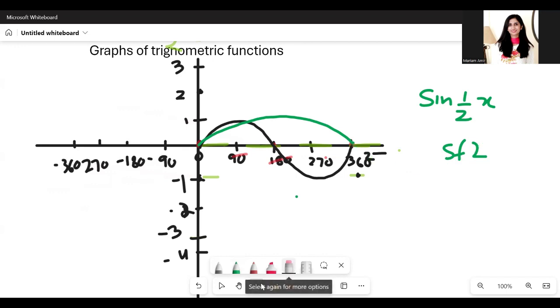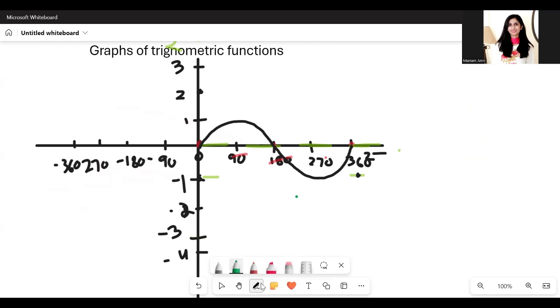Okay. Next, we're going to discuss the graph of sine square x. Okay. So if the values get squared, that means we're not going to have any negative region. Instead, this region is going to become positive and it goes upwards.